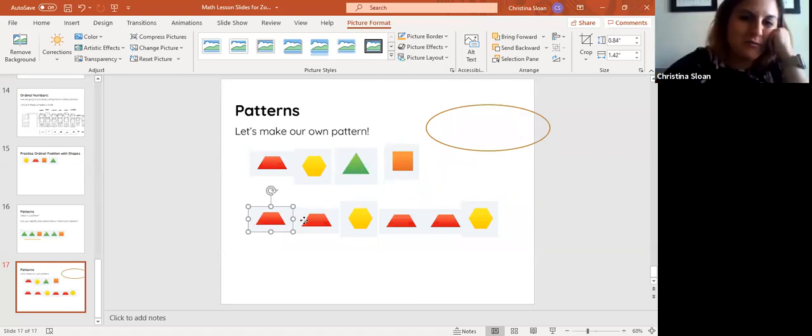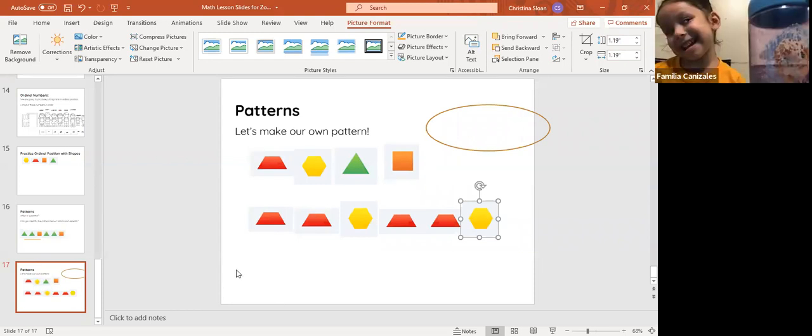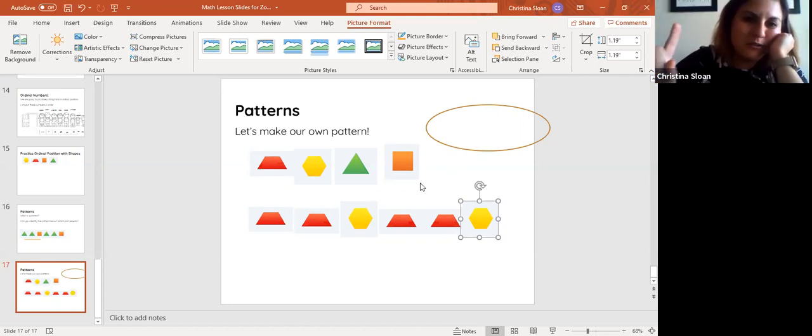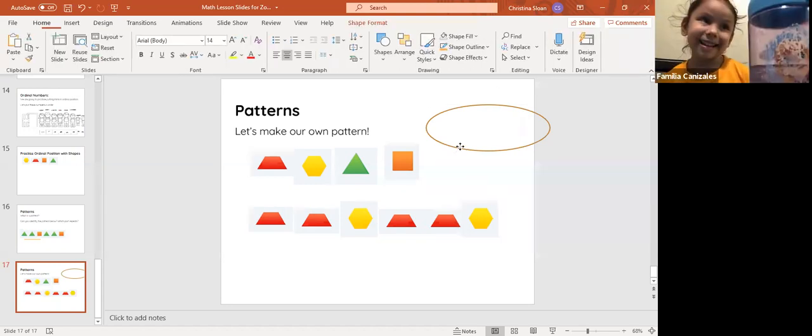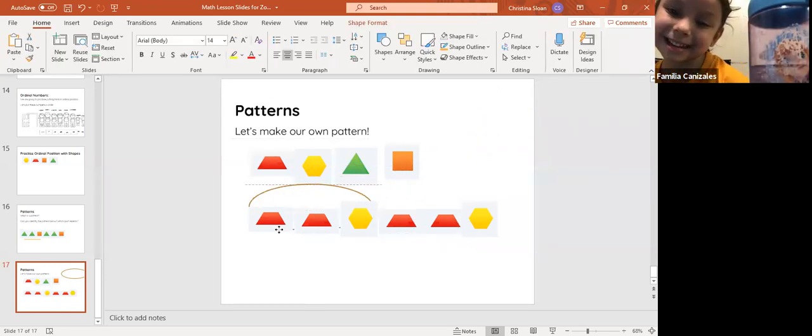So I have a red, red, yellow, red, red, yellow. Do you hear something in there that repeats? Listen to it again. Red, red, yellow. Red, red, yellow. Red, red, yellow. What group repeats? Red.